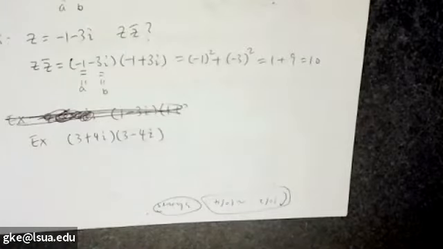So here you can see 3 plus 4i, assume that is a z, right? And here we just see the only difference is plus and minus. So that means if this guy is a z, this guy is the conjugate. 3 minus 4i is the conjugate, right?